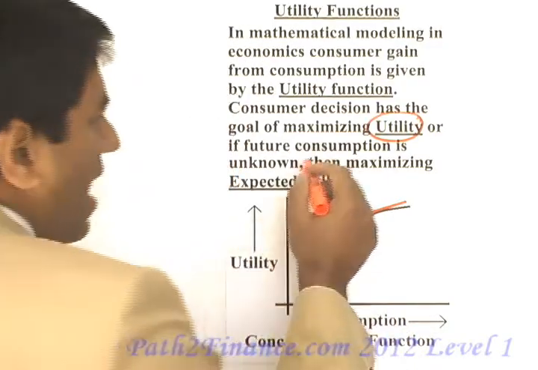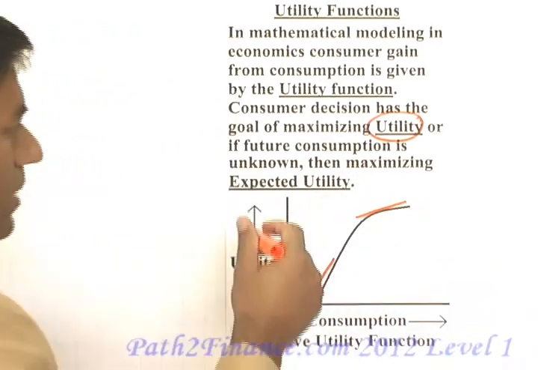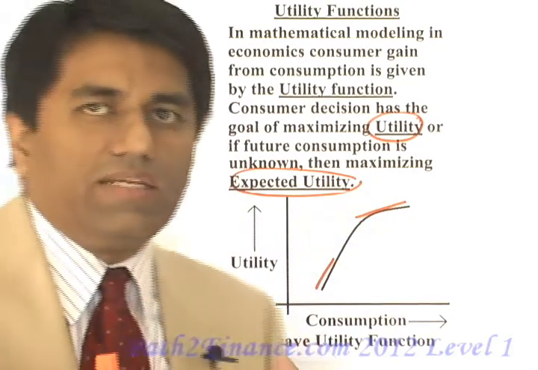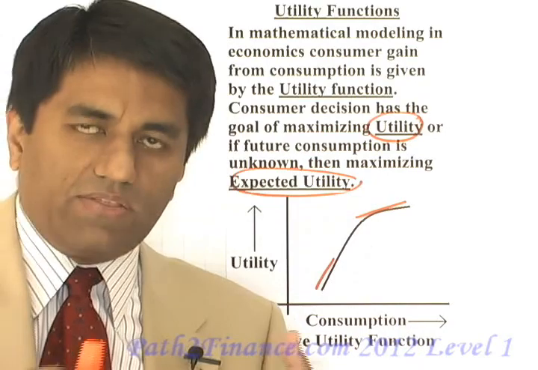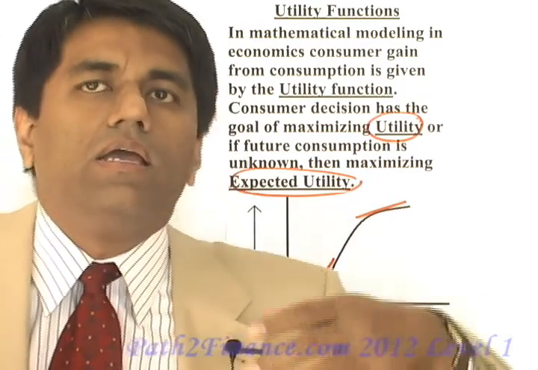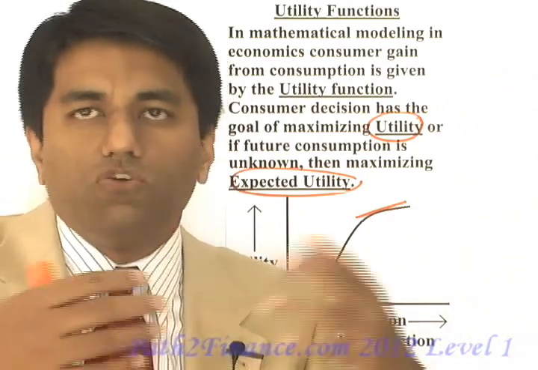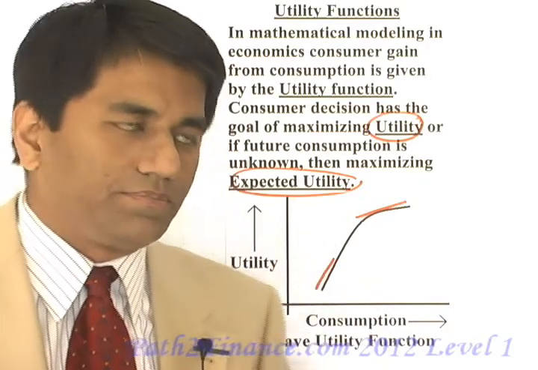And if they have multiple period consumption, so if there's also a future, then they try to maximize their expected utility, where they should put some weight on current consumption, which they know, and they have an expected future consumption, because the future is unknown, but they have some information about the future.